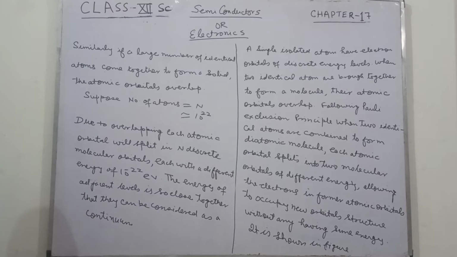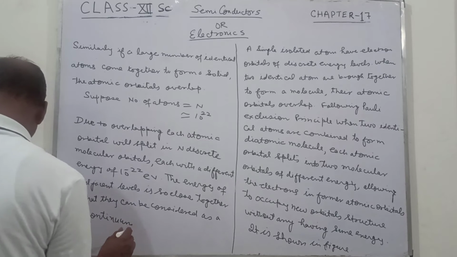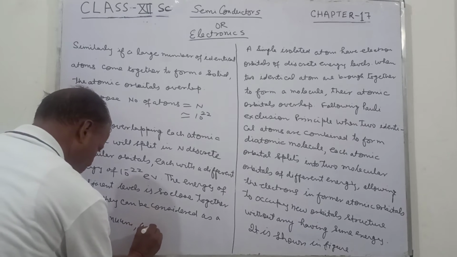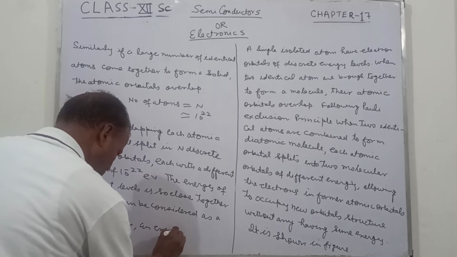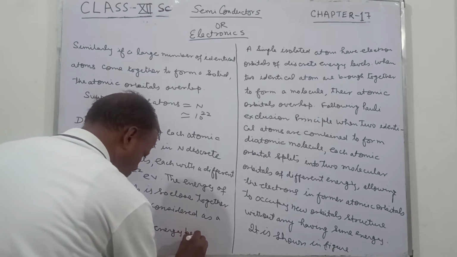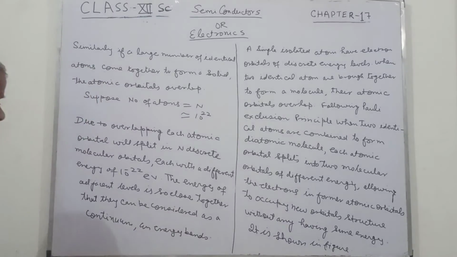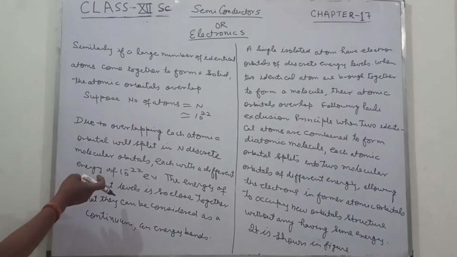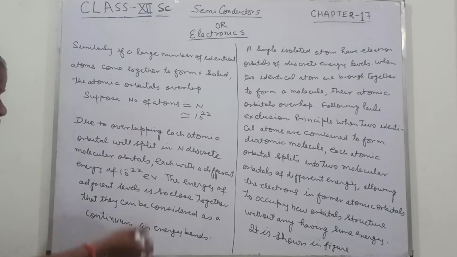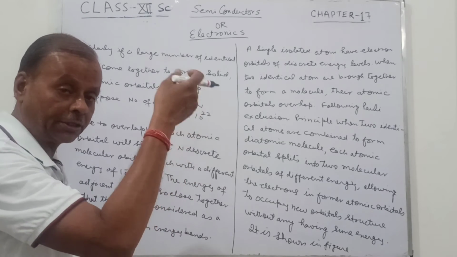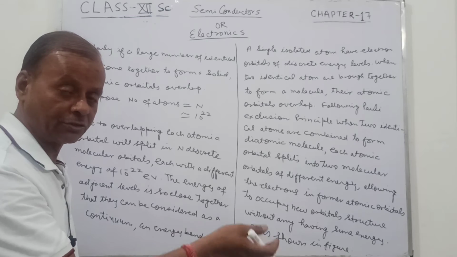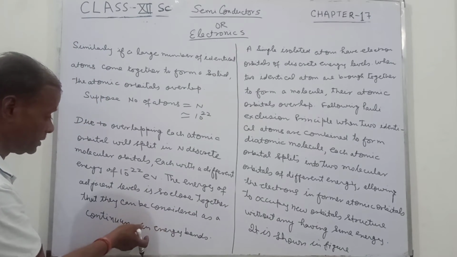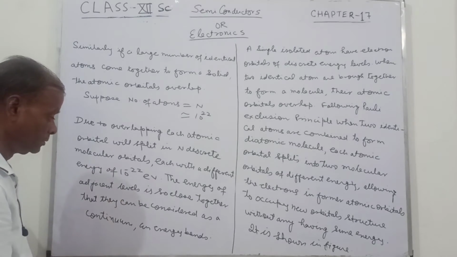The energy bands. So what are energy bands? When we have so much overlapping of the orbitals, there are a number of orbitals which form a continuous series. This continuous series of the orbitals is called the energy band.